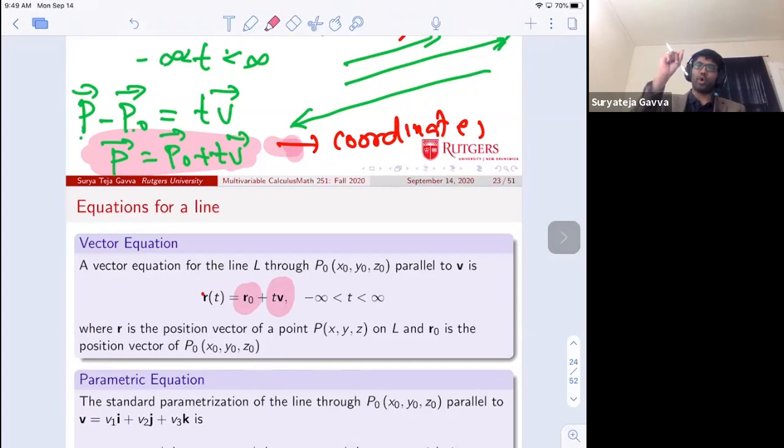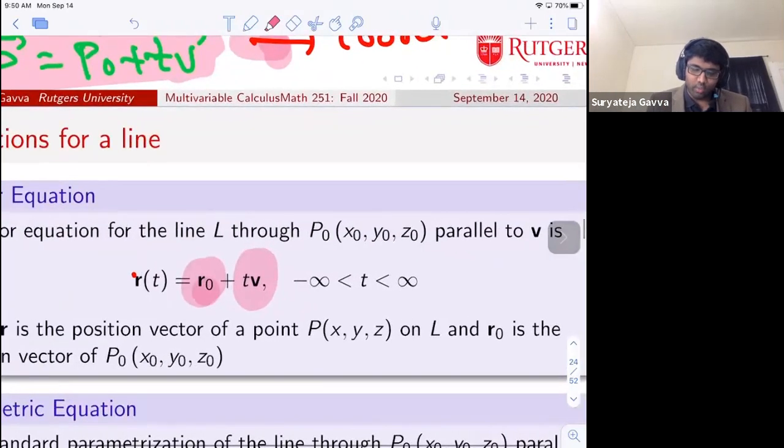If you take one point and add T times the vector, you are getting everything in that direction of that vector, starting at that point. So R0 is the starting point, V gives you the direction, and T is how far you have moved.